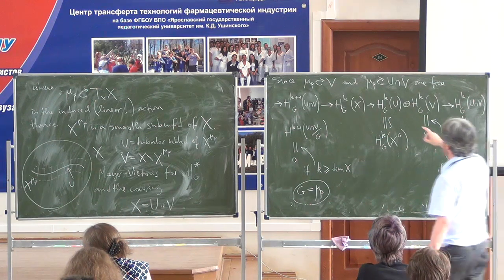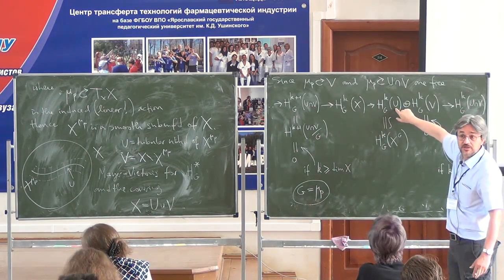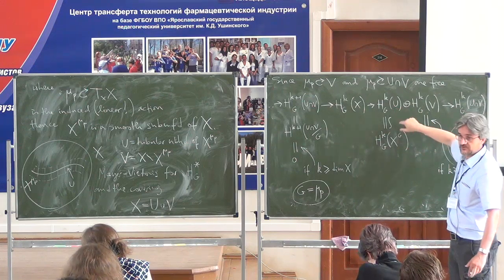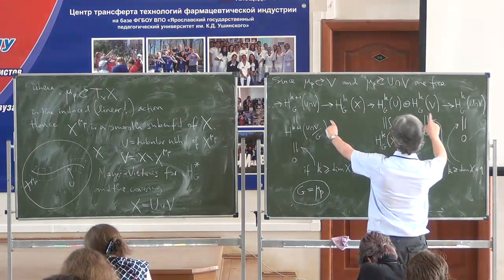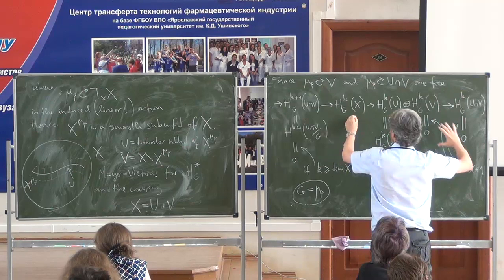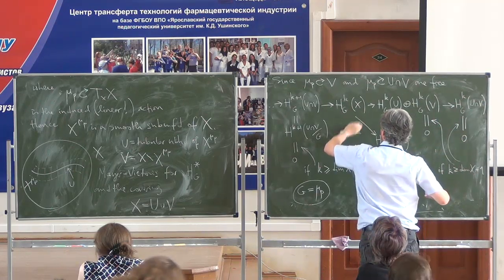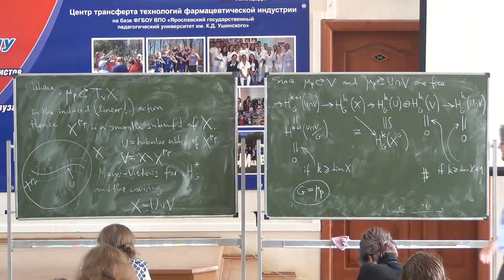So you get a homotopy equivalence between the Borel construction of U and the Borel construction of the fixed point set of X. Of course you have 0 here and 0 here, and when you have 0 here and 0 here, this is an isomorphism. And this gives the desired statement.